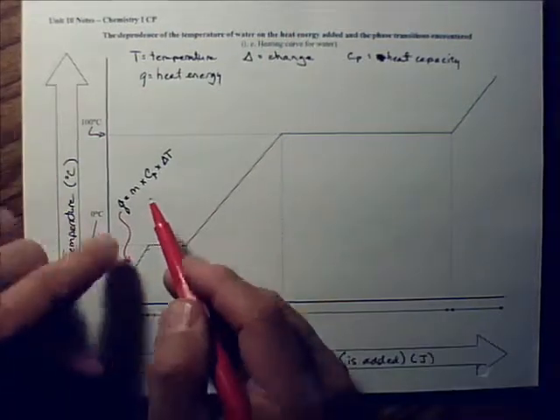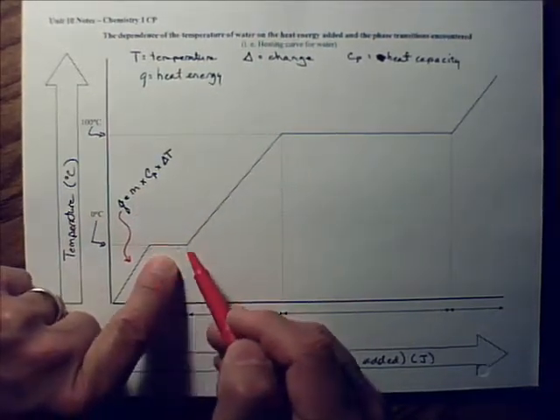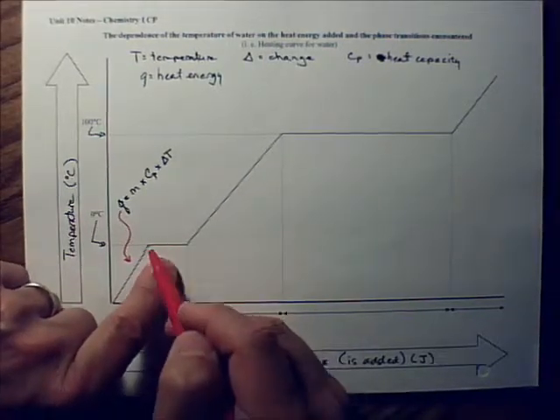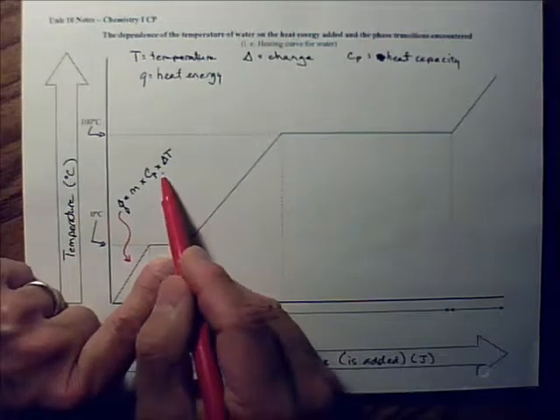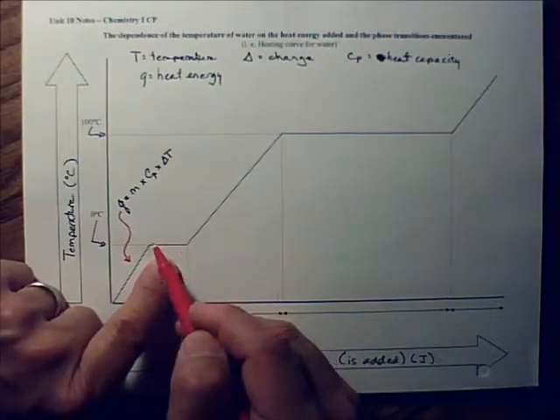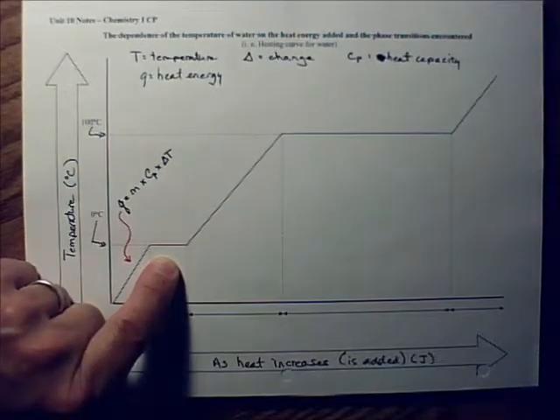Well, that means that this equation doesn't work anymore while we're in that transition time where we're changing from solid to liquid. During that transition, there's no change in temperature. So that equation no longer works in this region. While we're melting the ice, we have to have a different equation.